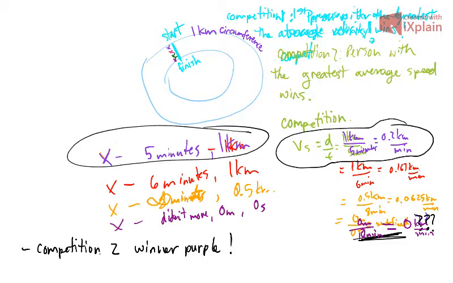But let's see what happens with competition 1. So we got to find a place to put competition 1. So I think we'll have to do a new page. So comp 1, greatest velocity. And we're not going to do calculations on this one, and you will see why shortly.